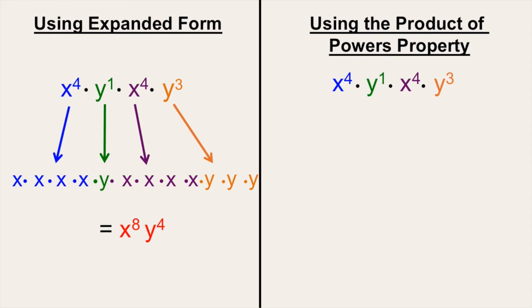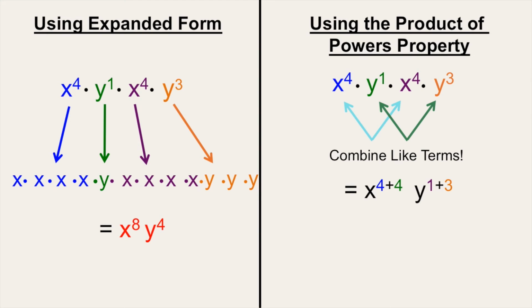Using the product of powers property, we know that we can combine any powers that have the same base. So, combining like terms, we can multiply x to the 4 times x to the 4 by keeping the base the same and adding the exponents, and we can combine y to the first times y to the third, keeping the base of the y the same and adding those exponents.